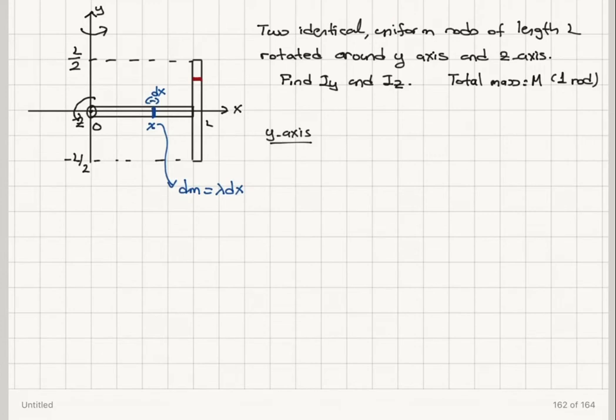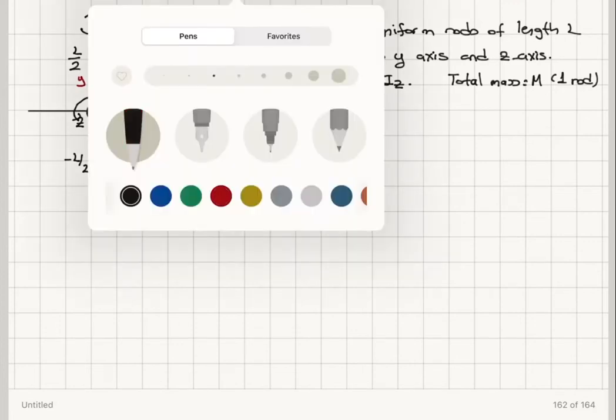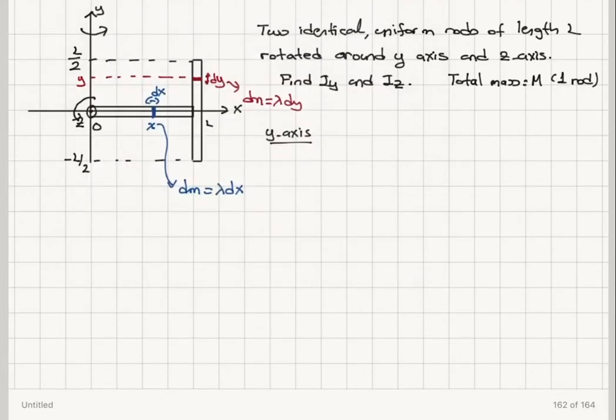This is at location y on the y-axis, and it has width dy, and it has a mass lambda dy. Now, what is lambda? Because it's a uniform mass distribution, lambda is the total mass divided by the total length of the rods. It's the same lambda.